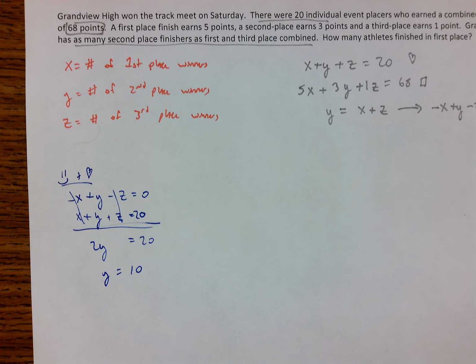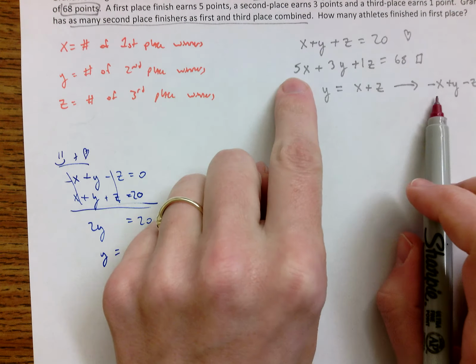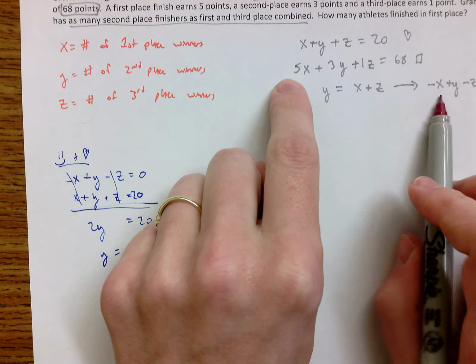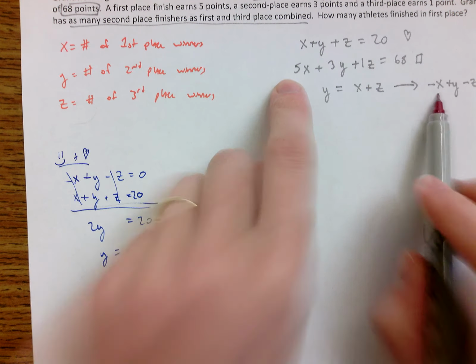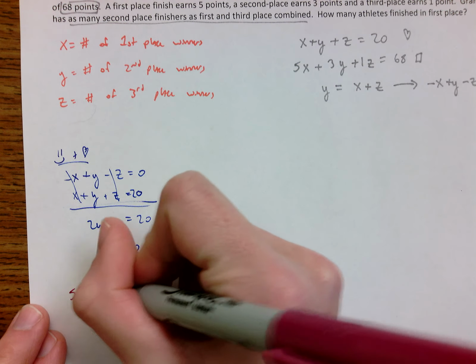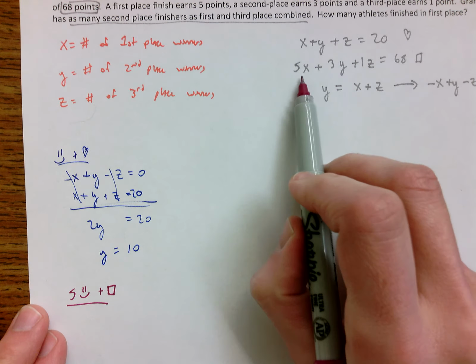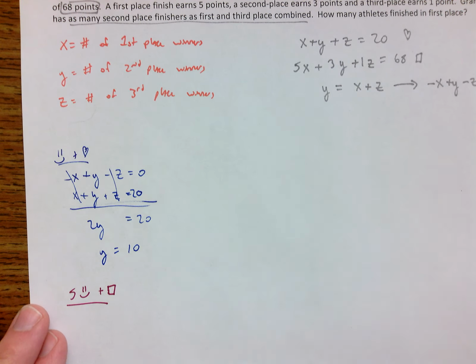Okay, so I'm going to go ahead and do the next one. I'm going to eliminate the x using the next pair of equations, but then we're going to be able to shortcut a little bit. Okay, so I'm eliminating the x's, right? So if I use these two, I'm going to have to multiply this one by 5, right? So I'm going to do 5 times smiley face plus square. Okay, we could have also done like -5 times heart plus square. That would have worked too. You've got plenty of options.